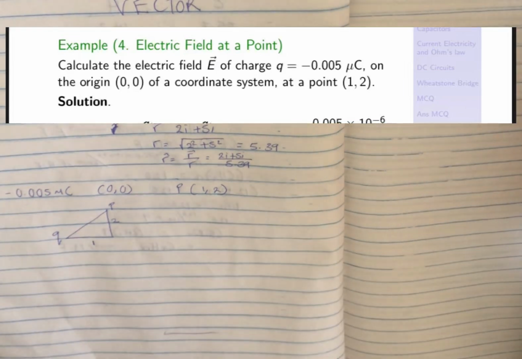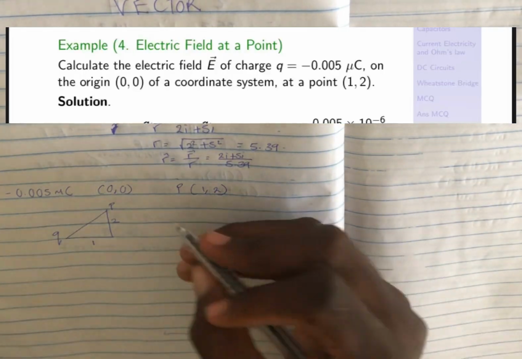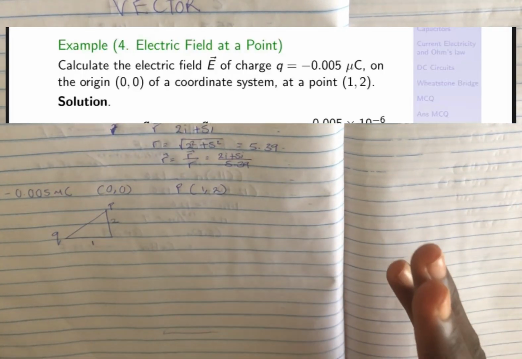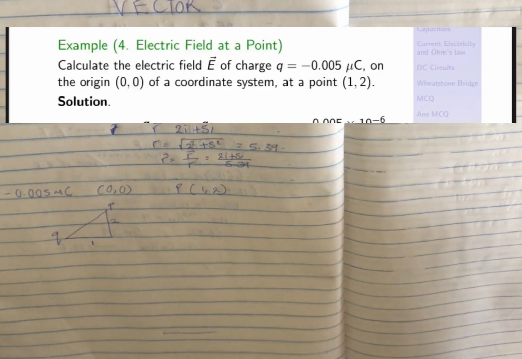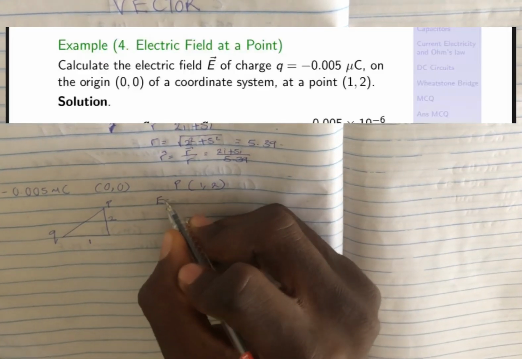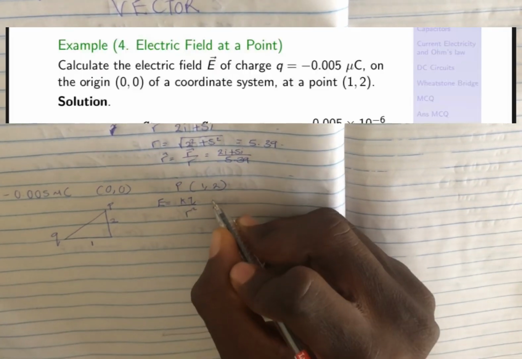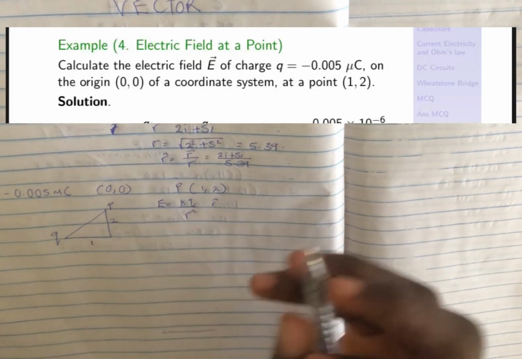To solve it using angles, we have to find the magnitude of the electric field before we find r hat. The formula is kq over r square, then r hat. But let's find kq over r square first.